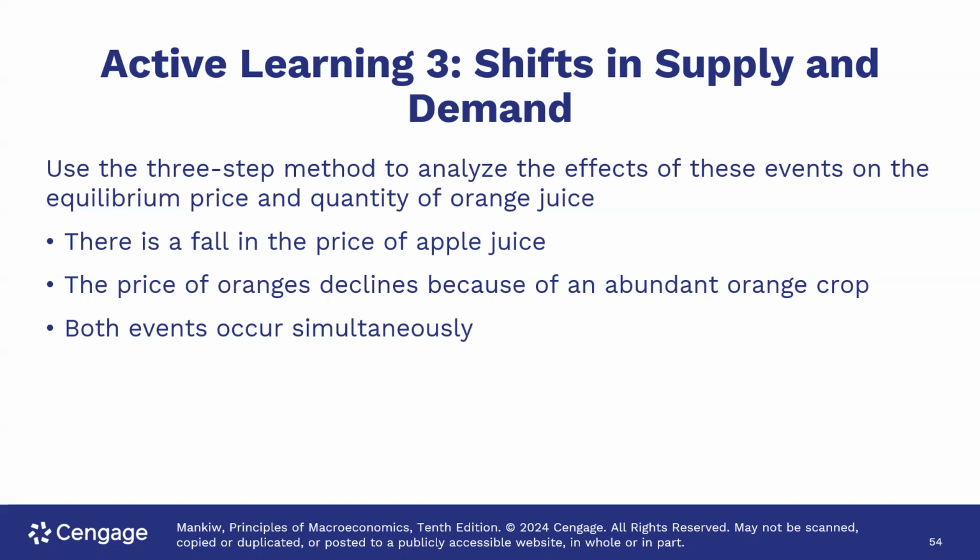So the supply of orange juice becomes higher. So we can see there's a decline of the demand and an increase of the supply. And both events occur simultaneously. So it means that it doesn't matter which one you analyze first.